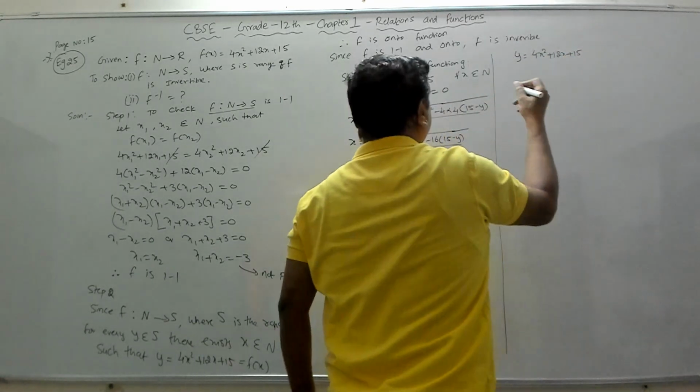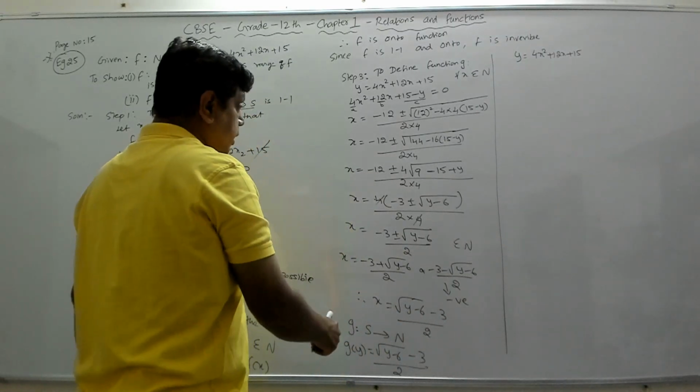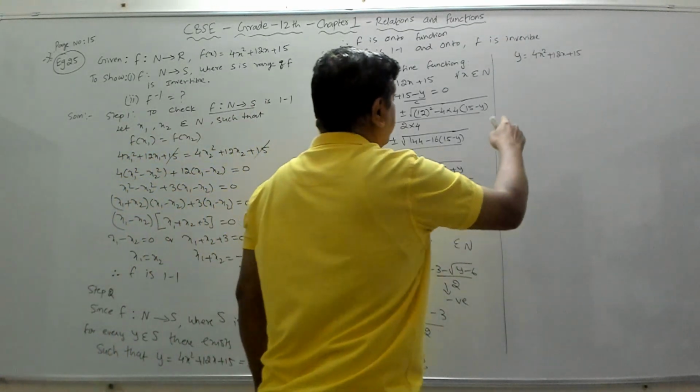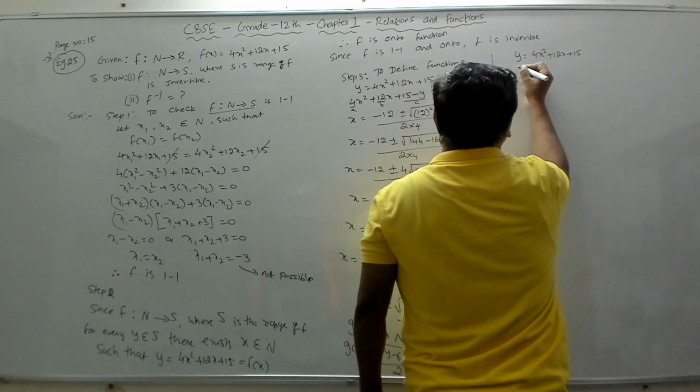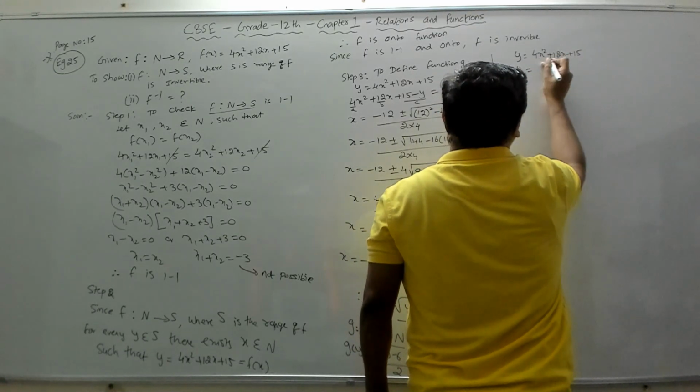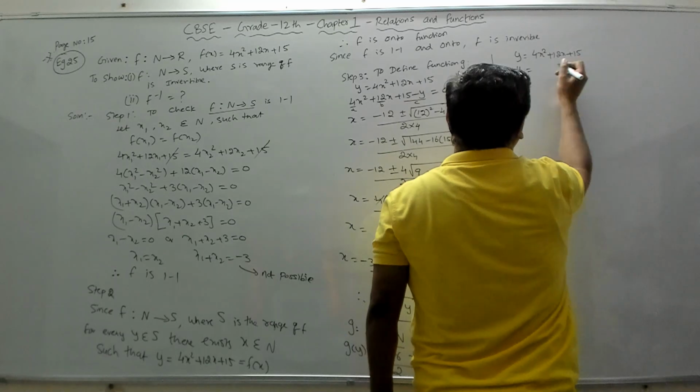Now let's try to write y in terms of x. We have written in this form. We'll also try to write y in a little more simplified way. This is 4x square plus 12x plus 15.